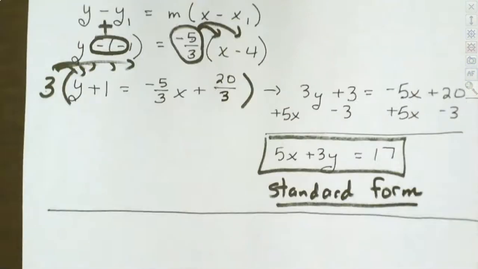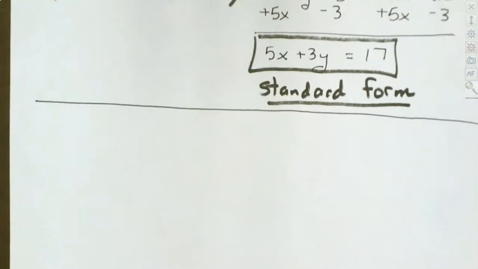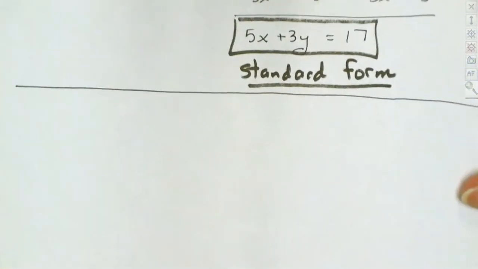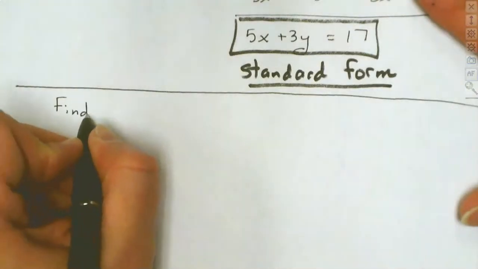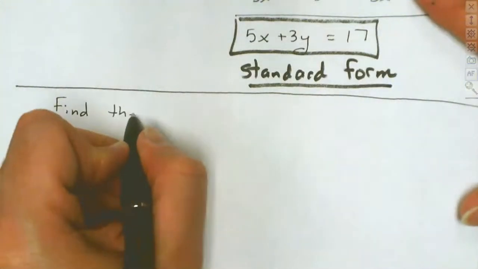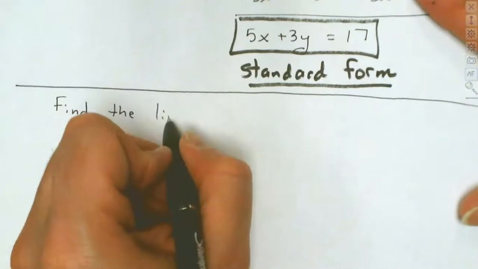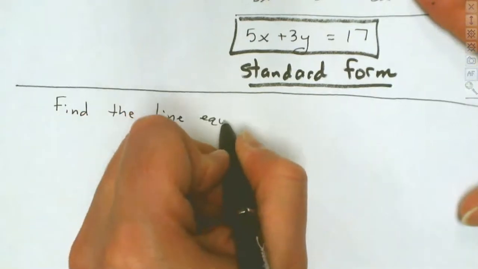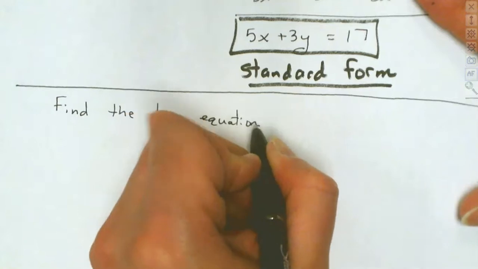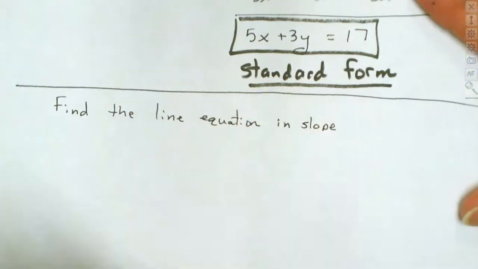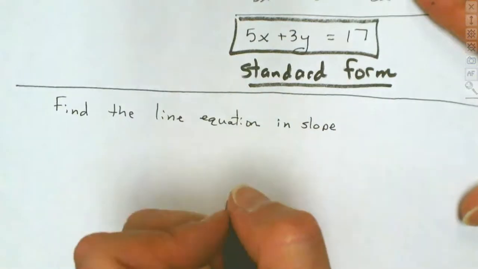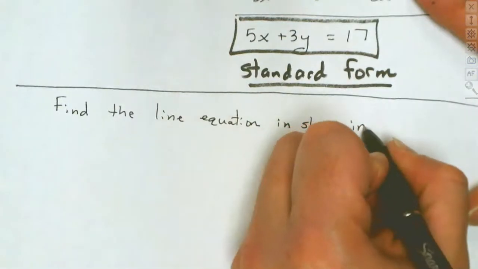That one was parallel. Let's do one now that's perpendicular. So let's find the line equation. In slope-intercept form, we did the last one in standard. So we'll do this one in slope-intercept.